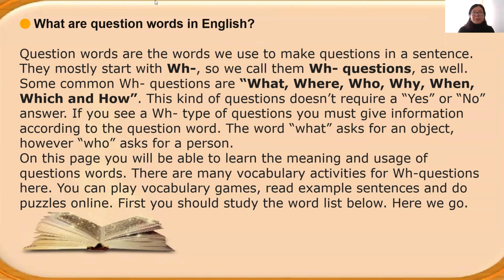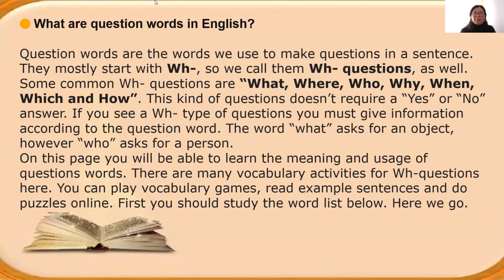What are question words in English? Question words are the words we use to make questions in a sentence. They mostly start with WH, so we call them WH questions as well. Some common WH questions are what, where, who, why, when, which, and how.